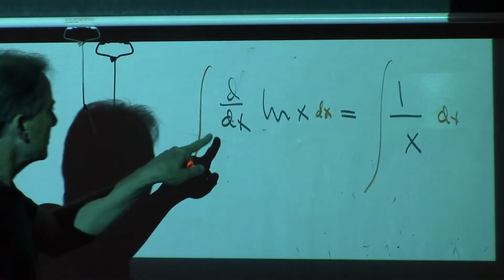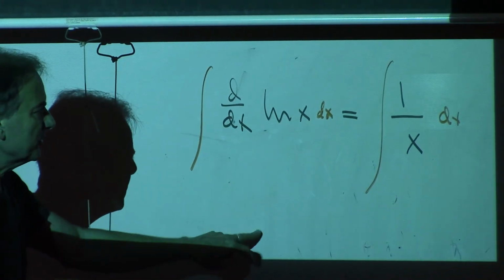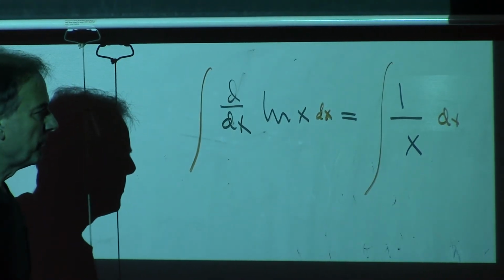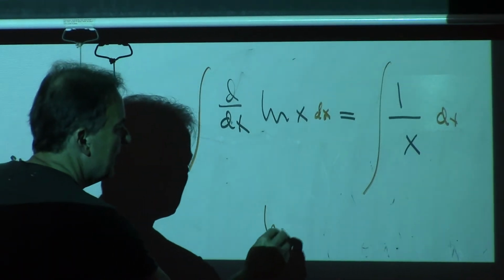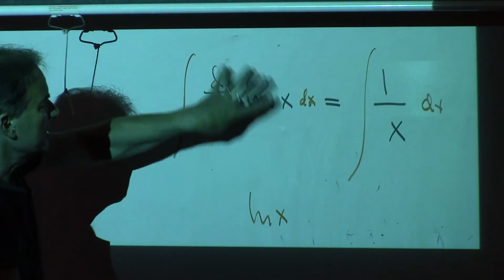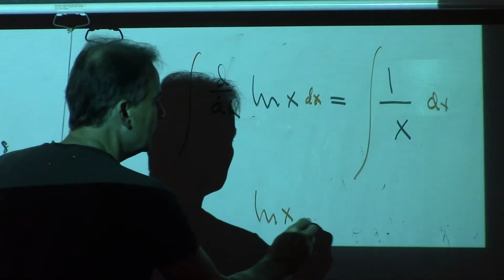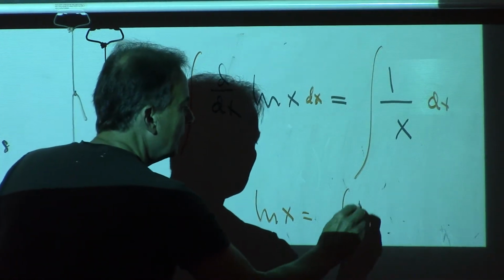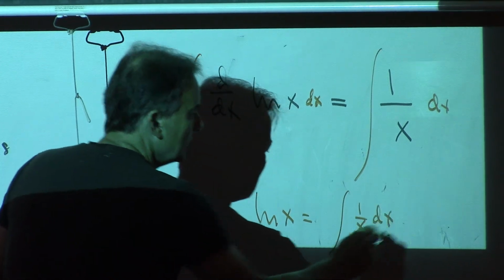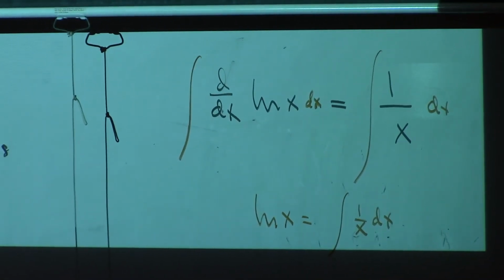So this is the integral of the derivative of ln x dx. So the result of this is going to be ln x, right? Because we're deriving, producing a new function, and then we're integrating, bringing back the original function. So ln x is going to equal the integral of 1 over x dx, which says that the integral of 1 over x dx is natural log of x.